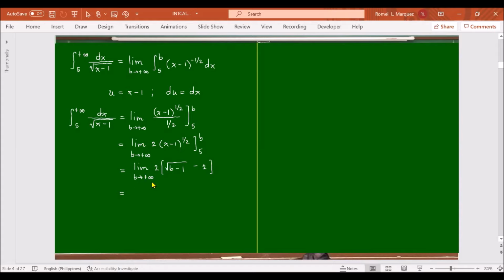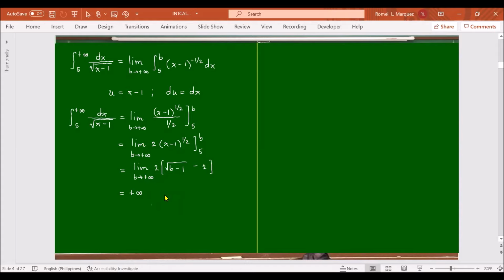As b approaches infinity, b minus 1 gets bigger and bigger, and the square root of that gets bigger and bigger also. This approaches positive infinity, so hence, the limit of this is what? Positive infinity. Okay? This 2 will not affect the limit of this. So this, when subtracted from a very big number, is still that big number.